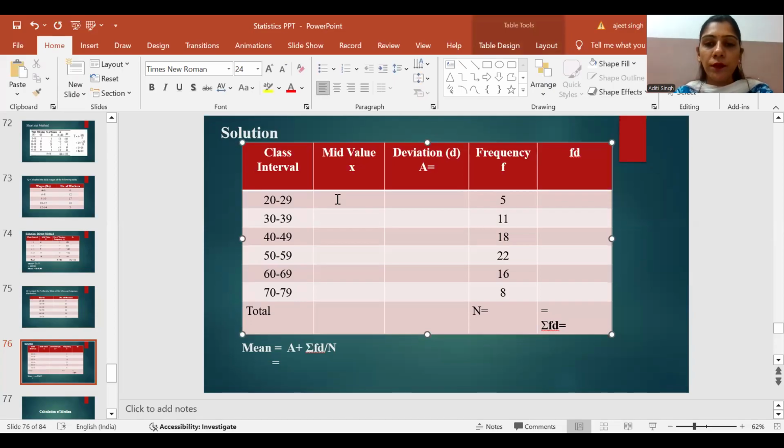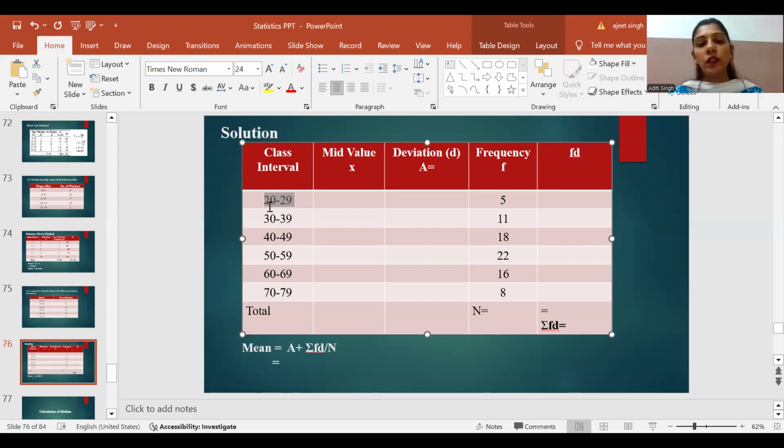For calculating the mid value, the formula is lower limit plus upper limit divided by 2. This is how we calculate the mid value, which we have also discussed in our previous questions and previous lectures.